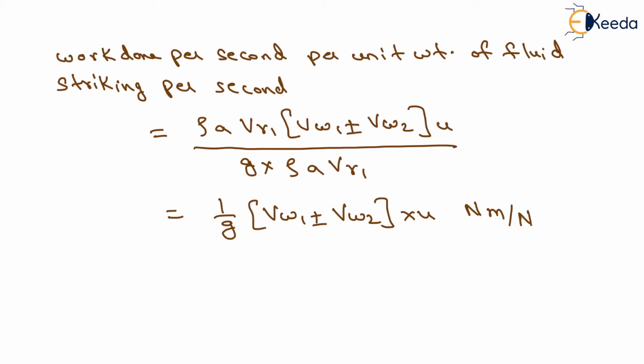That is work done per second per unit weight of fluid striking per second, equal to 1 by g in bracket Vw1 plus minus Vw2 into u, and the unit will be Newton meter per Newton.